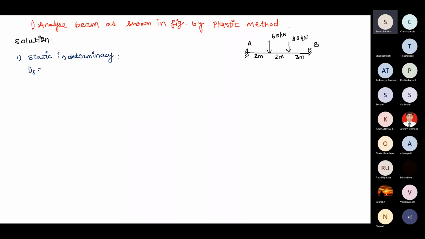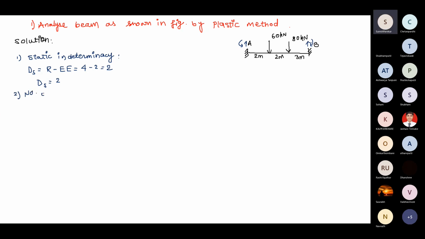Ds equal to R minus equilibrium equations. R we have 4, 2 overhead and 2 overhead. Minus equilibrium equation 2 because summation Fx is not considered, and Ds is 2.